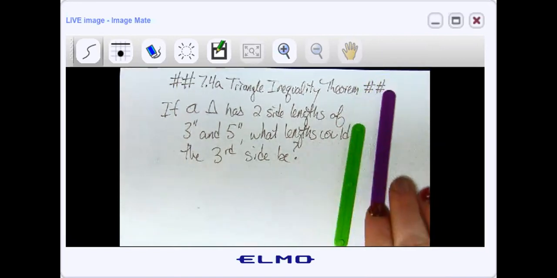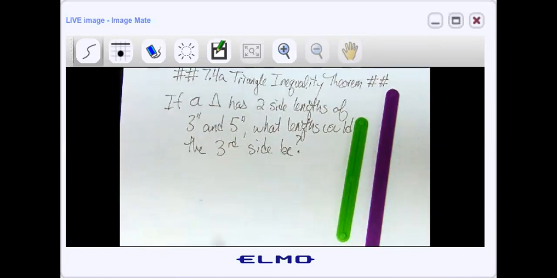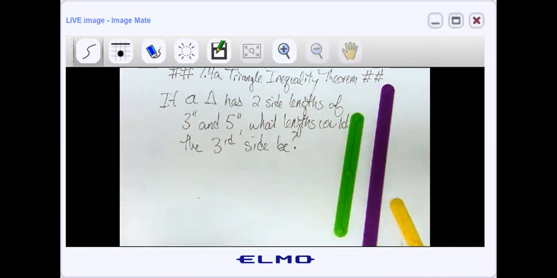Anybody give me one length that you think would work? Either 4 or 6. Okay, so let's try it. I'm actually going to measure this out. So hold on, let me put all these back in the bag before I spill them everywhere.